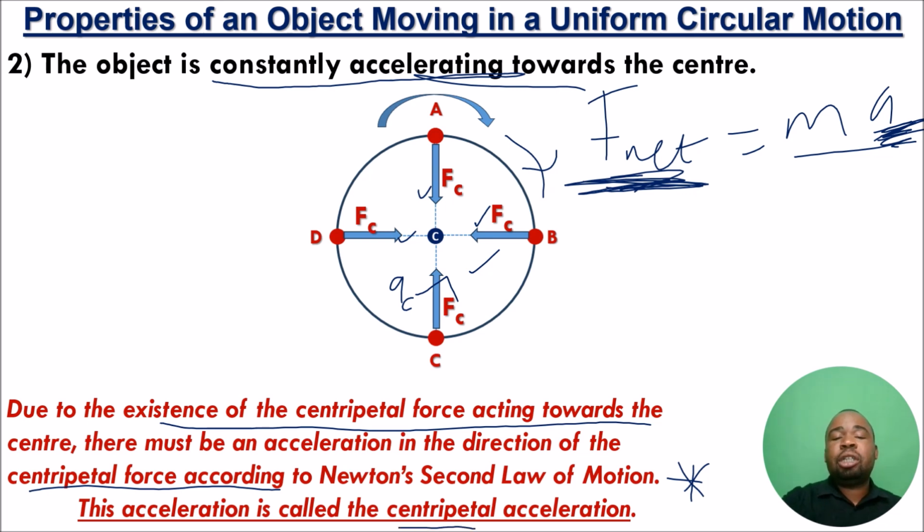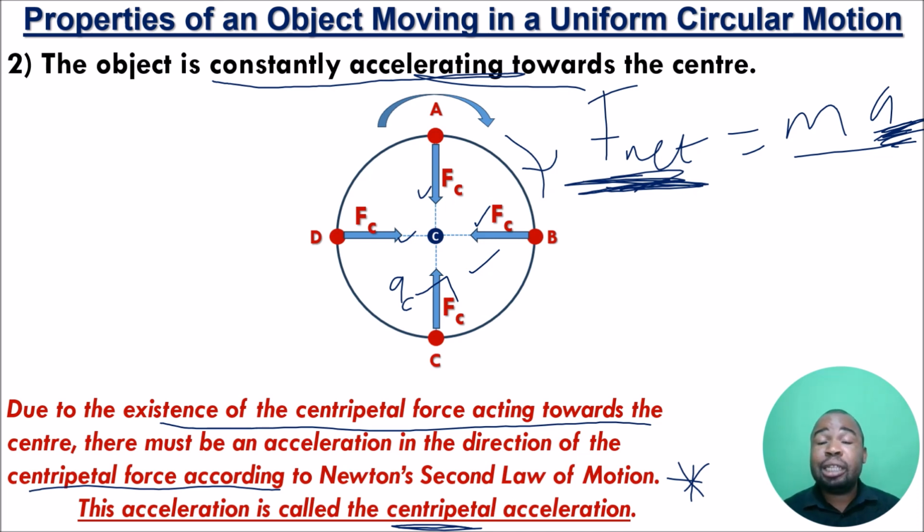The term centripetal means center seeking. So the centripetal force is this force which is seeking the center of the circular path. The centripetal acceleration is the acceleration due to the centripetal force, and that acceleration is also seeking the center of the path.